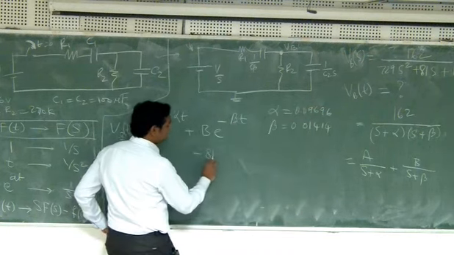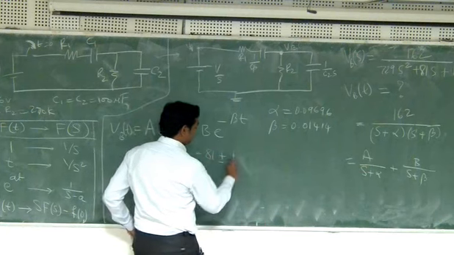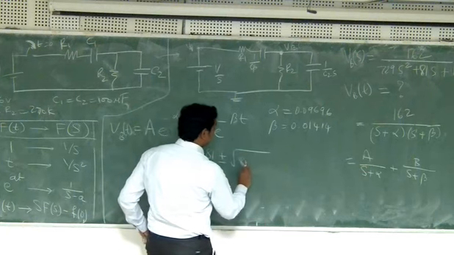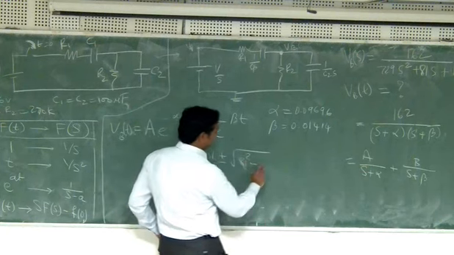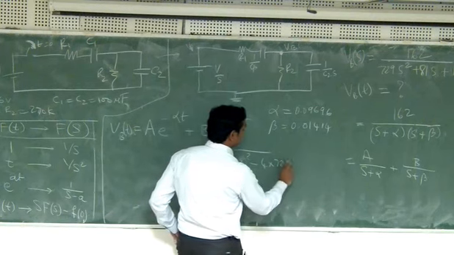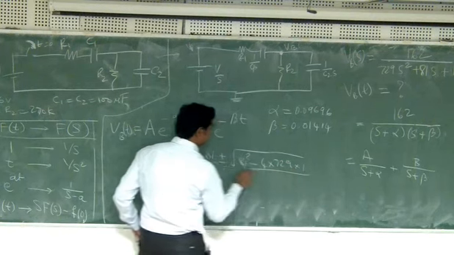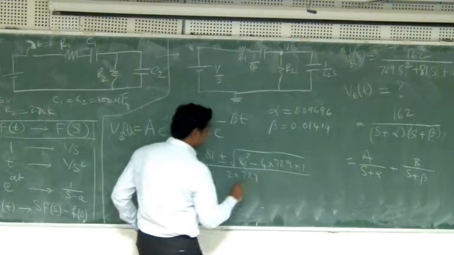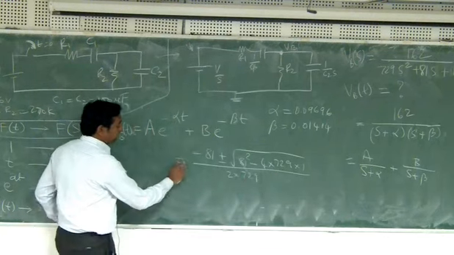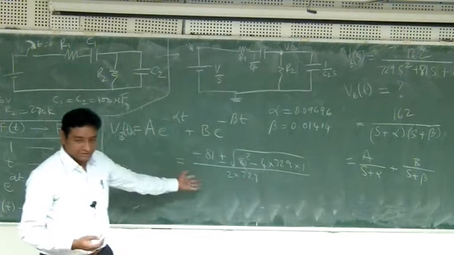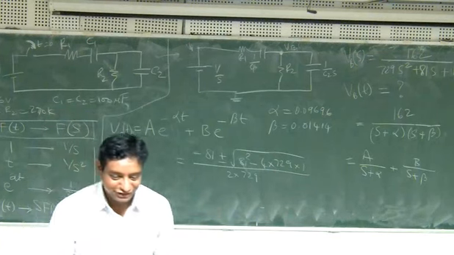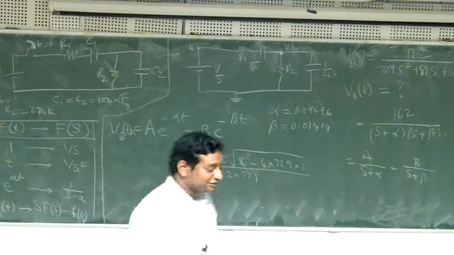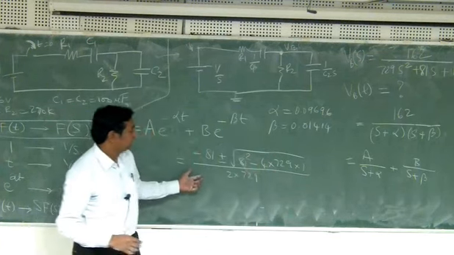Minus 81 square minus 4 into 729 into 1 divided by 2 into 729. Okay. So are you getting this? Can you just quickly calculate what this one gives, these two?